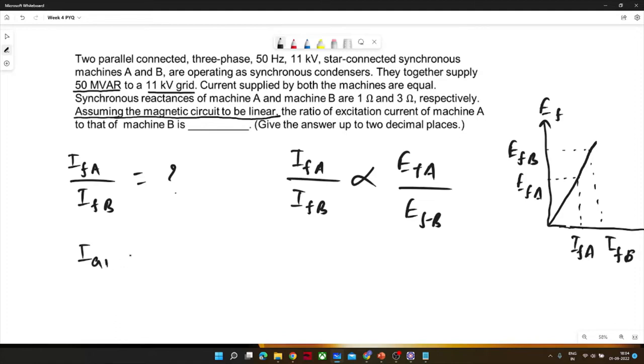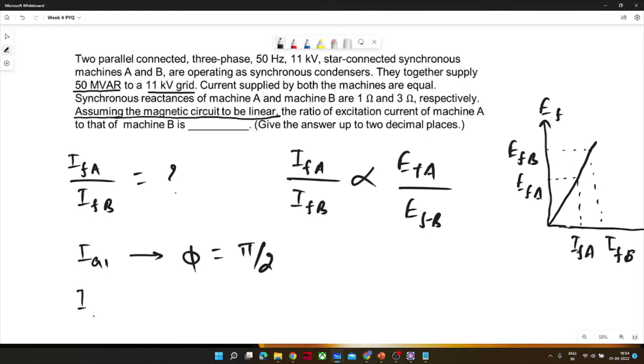IA1, its angle would be 90 degrees lagging. We all know for lagging power factor, when the power factor angle is 90 degrees, then only complete reactive power would come into the picture. No active power would be there.